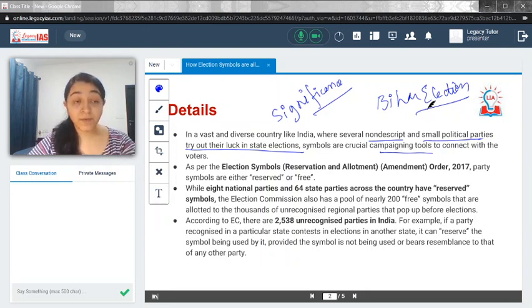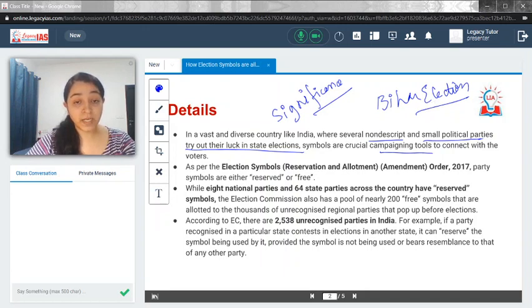You must have frequently heard the phrase, 'Kamal pe chhap lagao', during election campaigns. That signifies that it is very important that election symbols are there for various political parties. So that is one of the reasons why we have election symbols.